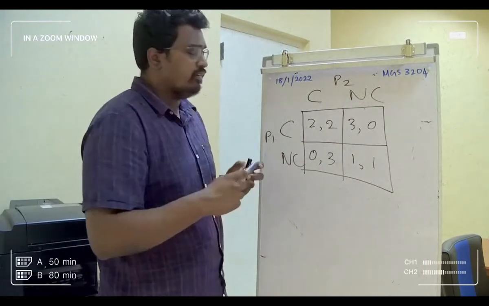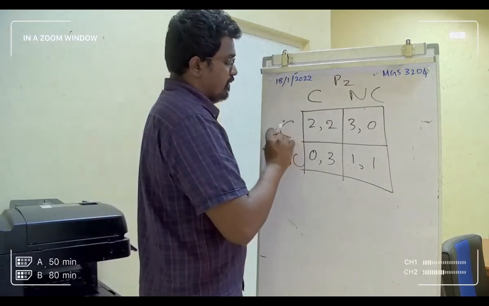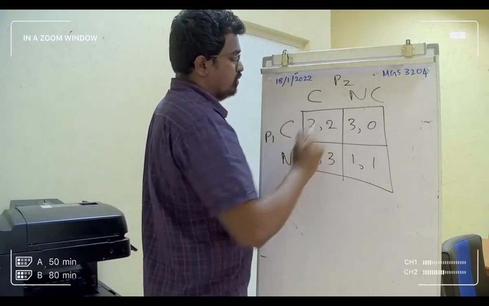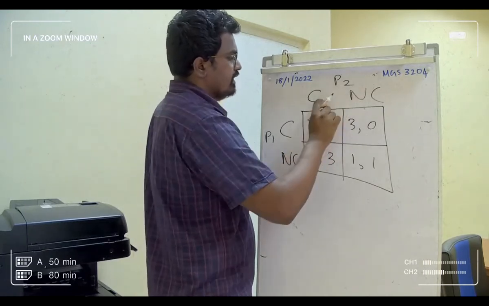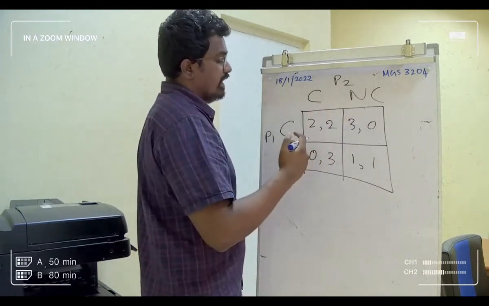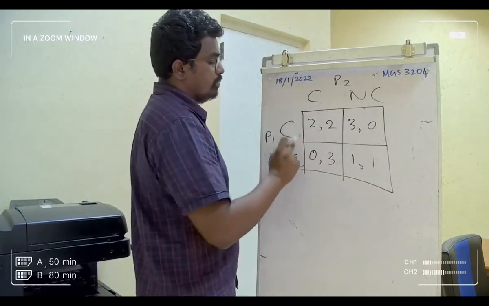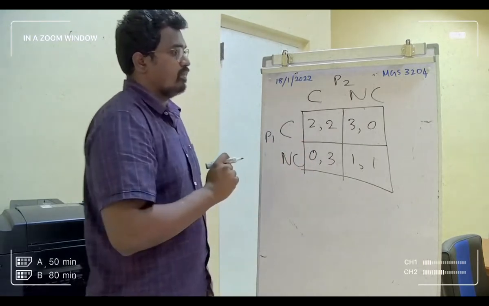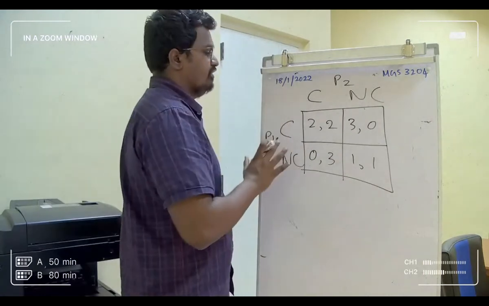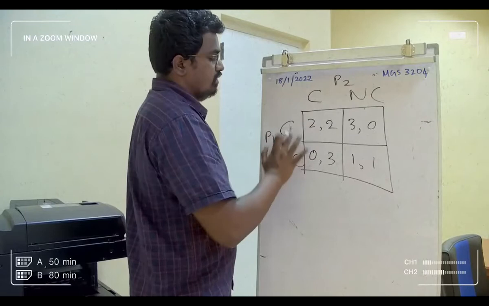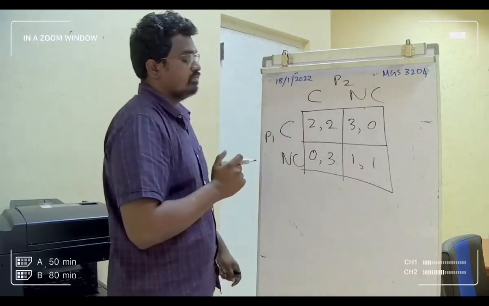Thinking in that way, if player 1 is thinking about player 2, what will be the best option? If player 2 says to the police officer, sir, I am going to confess, then what's the best option for player 1?